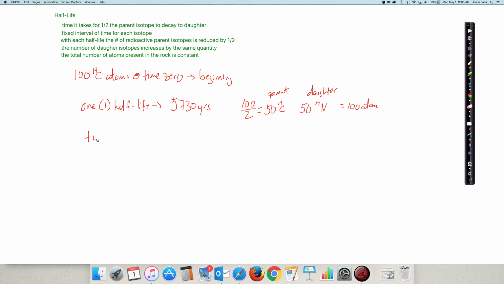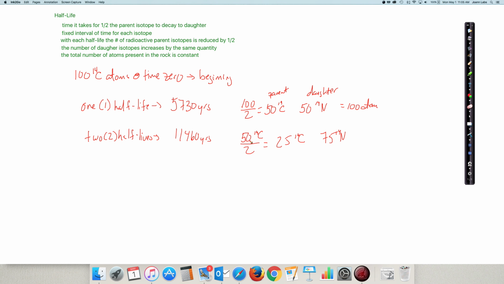So after 2 half-lives, this would be a total of 11,460 years, because it would be basically adding another 5,730 years. We start with 50 carbon-14. We divide that by 2, and we are now down to 25 carbon-14 and 75 nitrogen-14.